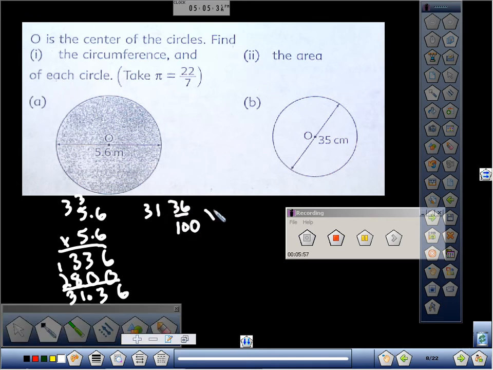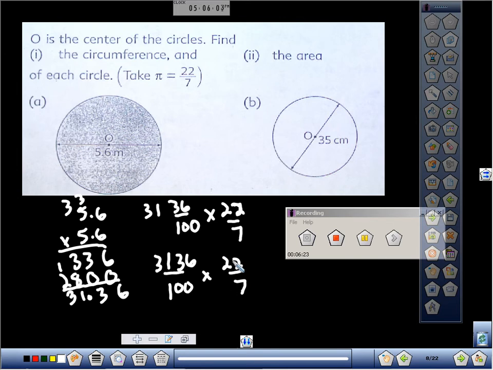And then that's going to be times 22 over 7. 31 and 36 hundredths. So 31 times 100 would be 3100, plus 36 would be 3136 over 100 times 22 over 7.